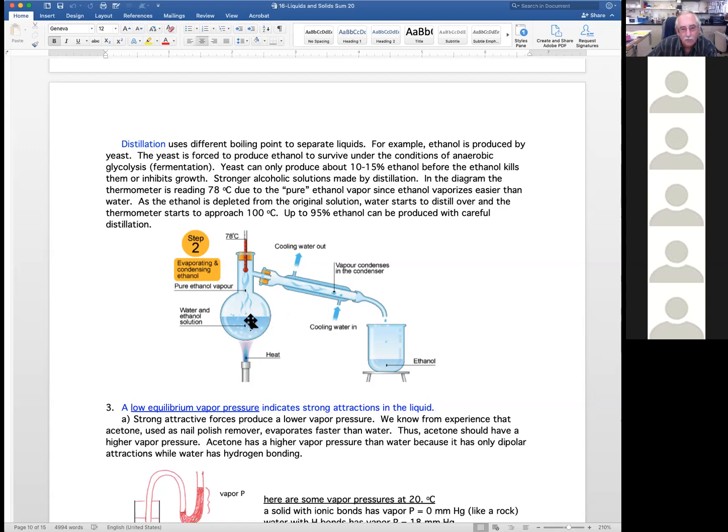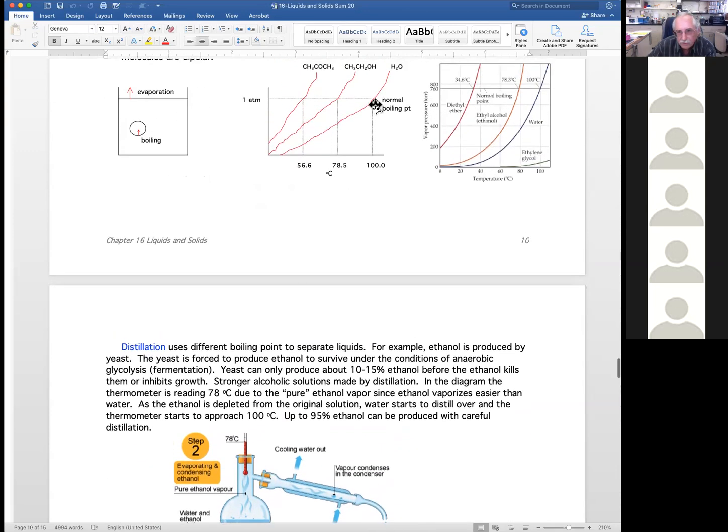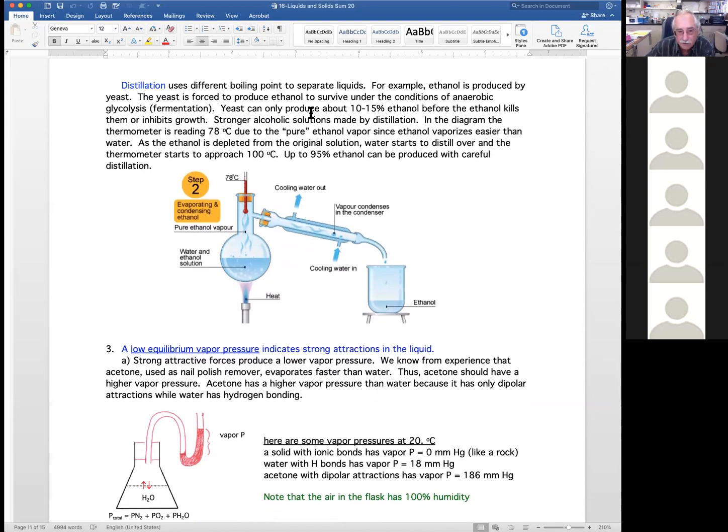So here you have a water and ethanol solution. You heat it up, and then the vapor phase over here contains both ethanol and water. But which one is preferentially going to evaporate? It's going to be the ethanol, isn't it? The boiling point of ethanol is about 78 degrees.